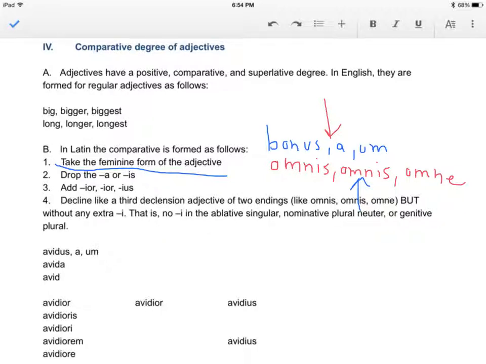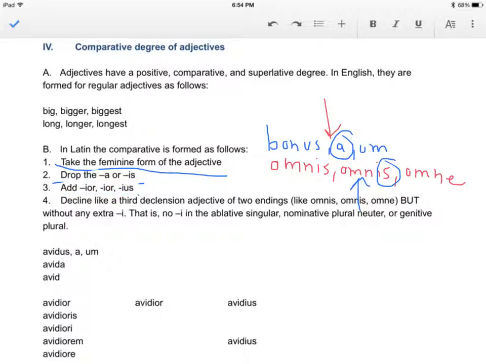So you take the second thing in the dictionary, which I always try to make a common theme in the class. You drop the A or the IS ending. Bona ends with an A, omnis ends with an IS. Then you add ior, ior, ius.